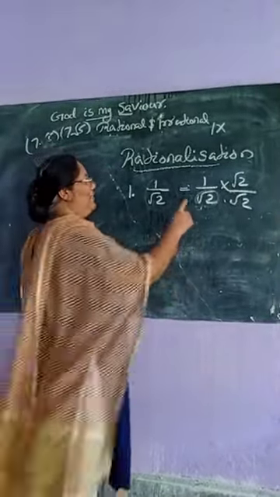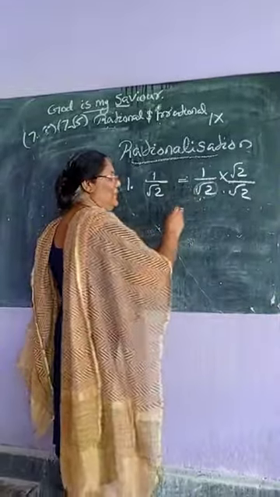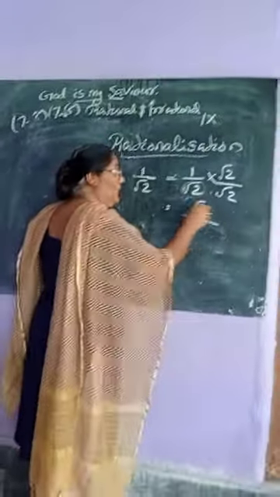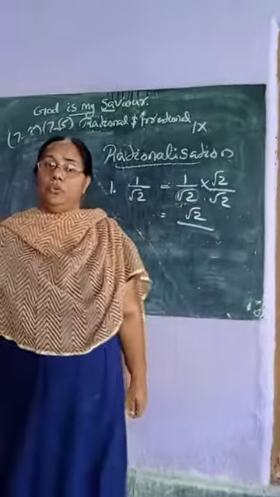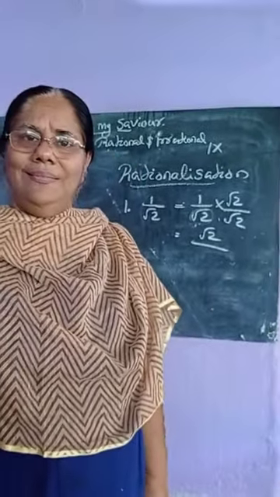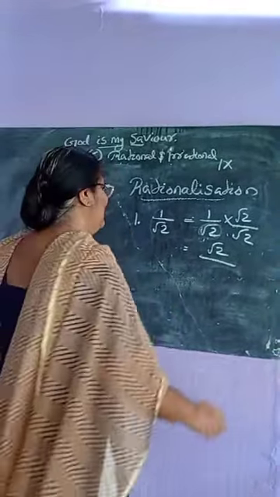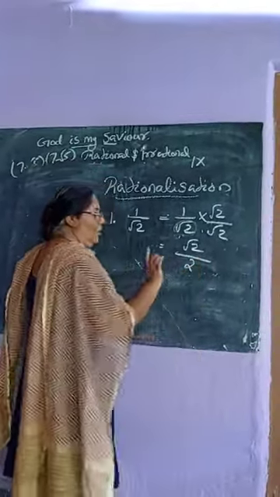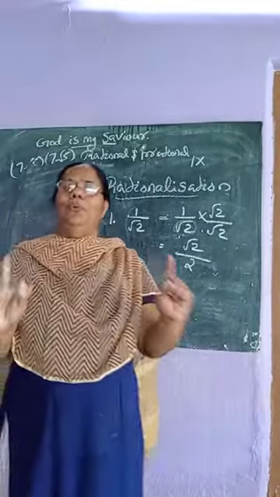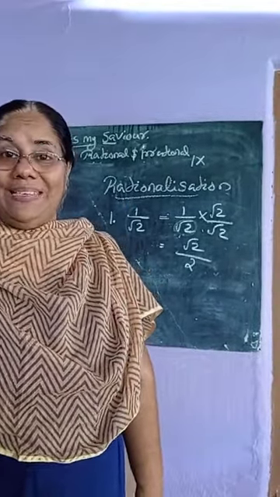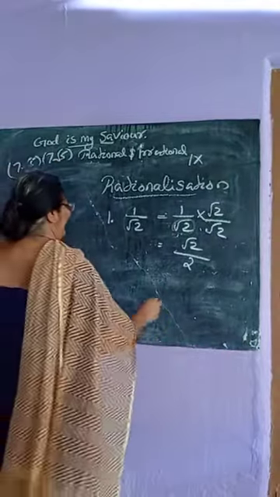Then can you say what is 1 into root 2? Yes, root 2. Then what is root 2 into root 2? It is 2. Now, in the denominator, no irrational number. Write the next question.